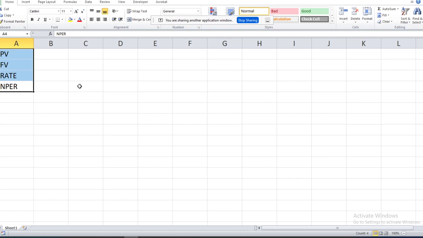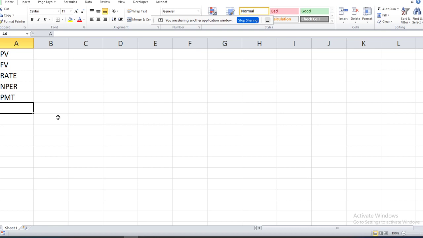Okay, and last week we introduced one more variable, which is the PMT. Okay, so PMT, as we introduced last week, represents some sort of regular payments at regular intervals. So the payment that is of the same amount and also takes place at a regular interval.